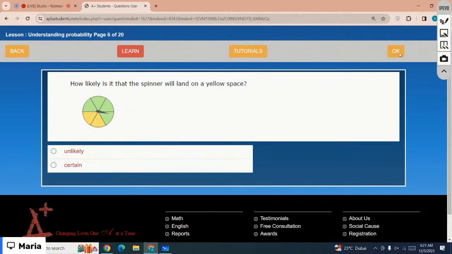The yellow has only a small portion, right? So yes, that is unlikely, the correct option.